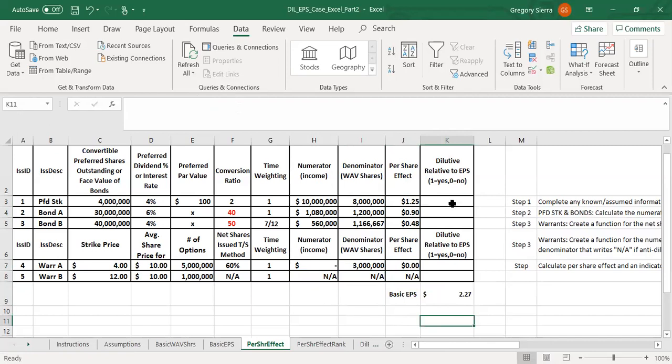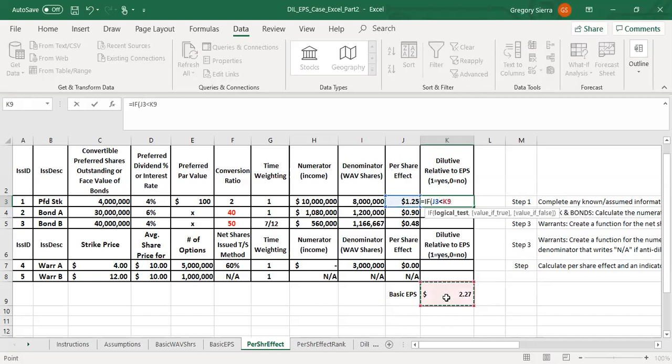All right. Relative is it dilutive relative to EPS. So we want an if statement. If this is less than basic, then the answer is yes. Otherwise, it's no. Oh, what am I doing? We want to do ones and zeros for yes and no. Just with using the numbers, it's sometimes easier to compare.